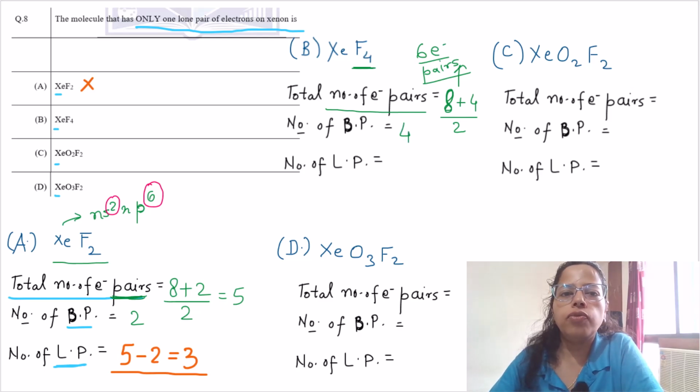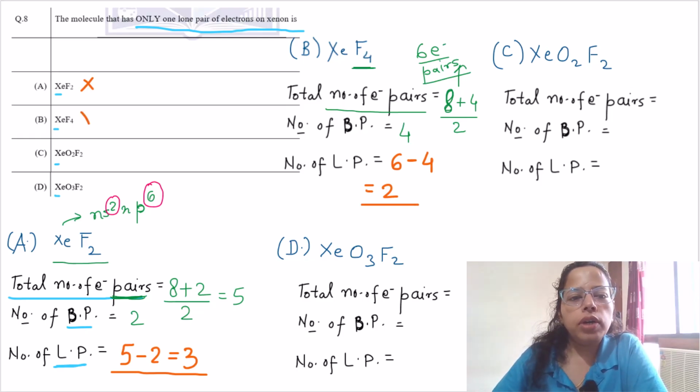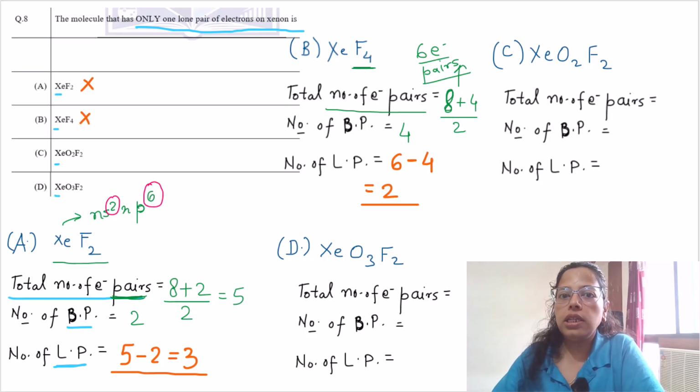The number of lone pairs is the total number of electron pairs minus bond pairs, so 6 minus 4, which is equal to 2. So in XeF4, the number of lone pairs on xenon is 2. Option B is also eliminated because we need only the molecule which shows 1 lone pair on xenon.